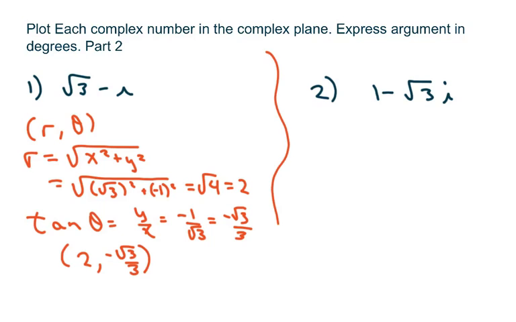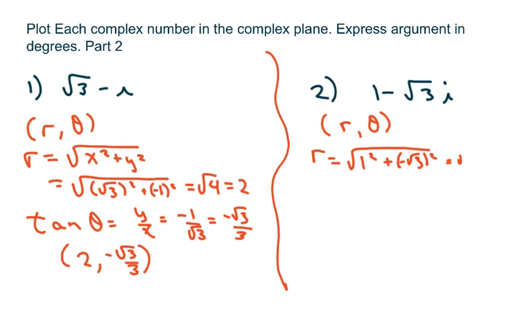And then we're going to go ahead and do this one while we're here. We need to find r and our angle. So r is going to be basically the same thing, because we're basically doing the same thing, but it's opposite. So it's just 1 squared plus negative square root of 3 squared, which equals square root of 4, which equals 2.